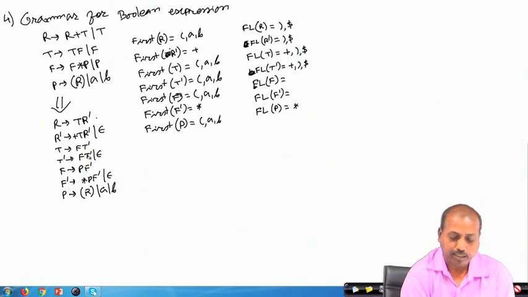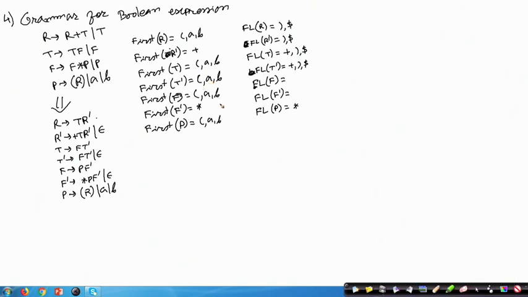It is given by first of T dash. First of T dash has got open parenthesis, A, B. So, they can come to the follow of F. This is basically first of T dash: open parenthesis, A, B come to the follow of this set.